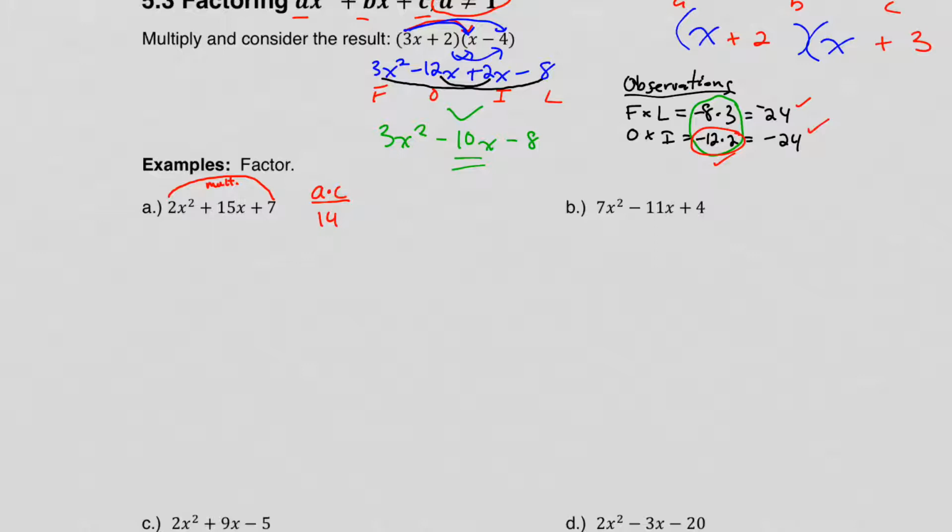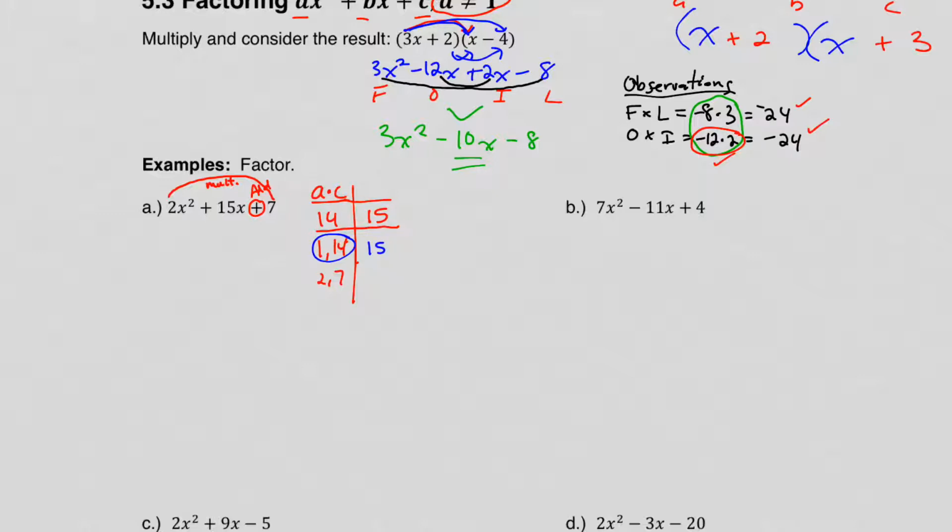That's going to create 14. And so we're trying to get this middle term, which is 15, out of the 14. So remember, 1 times 14, 2 times 7. And since we're adding here, then if I add this one right here, that's going to give me the 15 that I need.